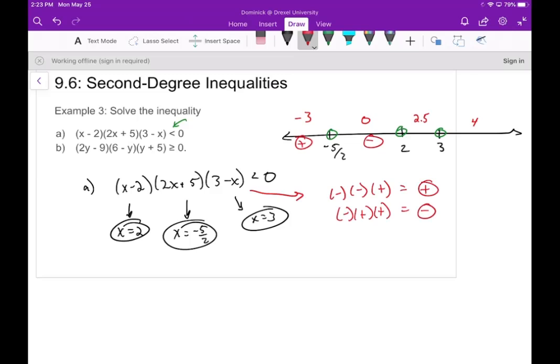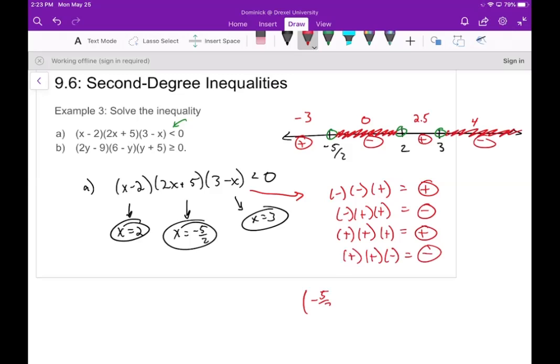If we use 2.5, we're going to get positive, positive, and positive, which is positive. And if we use a 4, we're going to get positive, positive, and negative, which is negative. So now, of course, we want this to be negative, so I want this region and this region. So in interval notation, this would be negative 5/2 to 2, and union that with 3 to infinity.